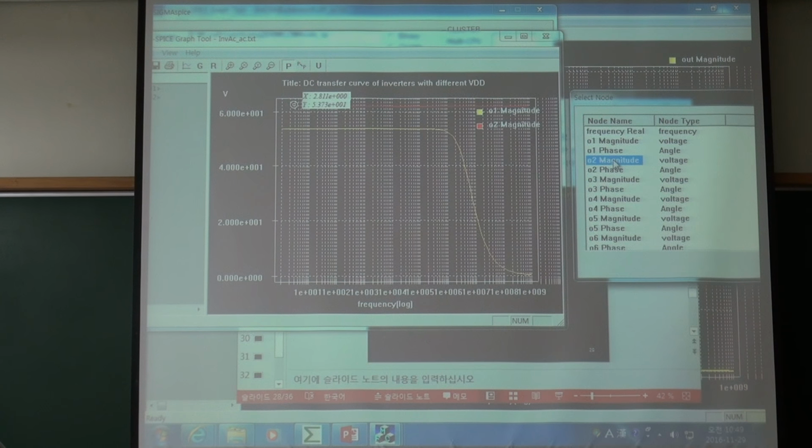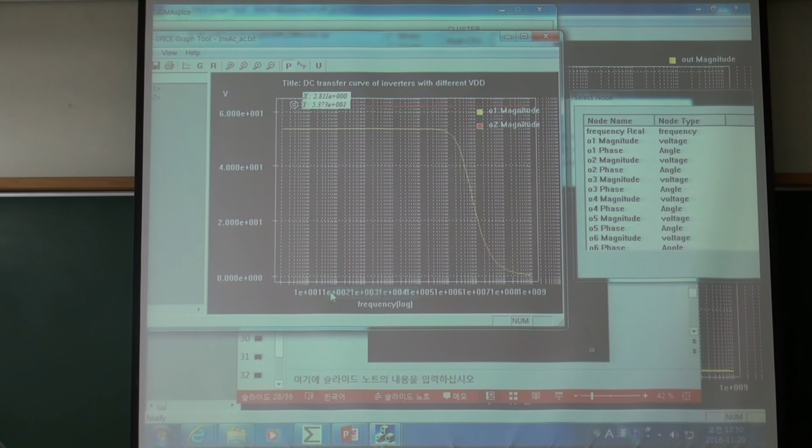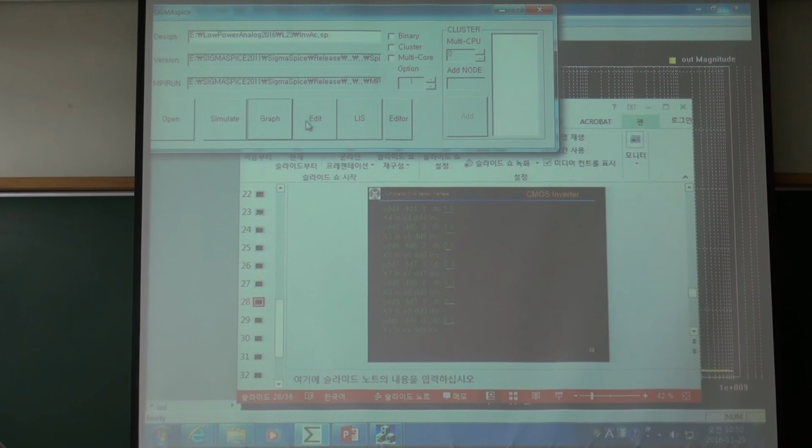Oh, I have increased my DC gain at 2.5. How come this is gone? Oh, linear. Oh yeah, there. 2.5, something is wrong there. Oh, this is very weird. Let's try again.